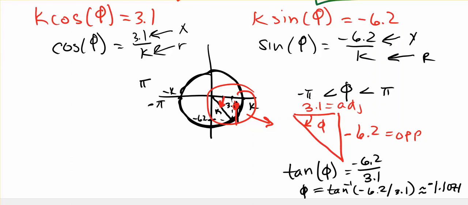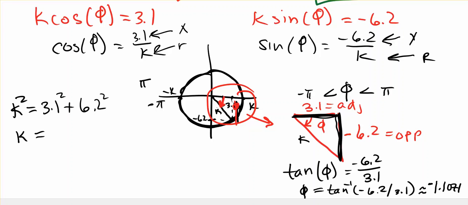Now to find our k value, we use the Pythagorean theorem. Here's 3.1, here is a magnitude of 6.2. So that means k squared is equal to 3.1 squared plus 6.2 squared. And that reduces down to k squared is equal to 48.05.